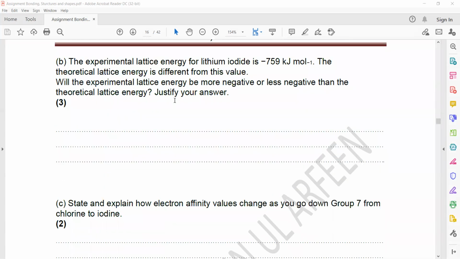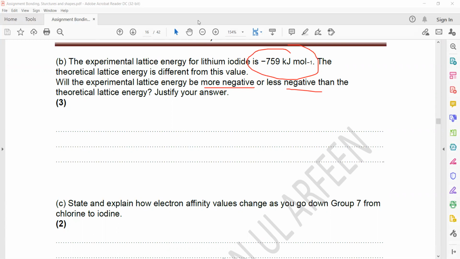In part B, the experimental lattice energy of lithium iodide is 759 and the theoretical value is different from this. Will the experimental lattice energy be more negative or less? Experimental lattice energy is always more negative. Why?